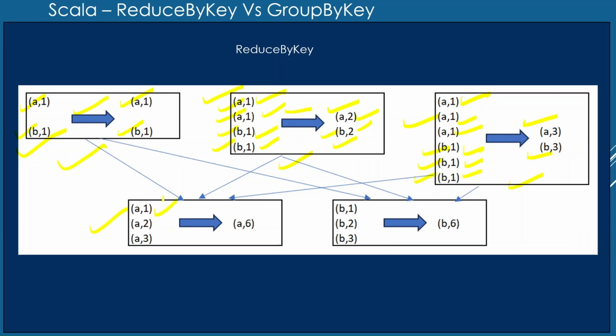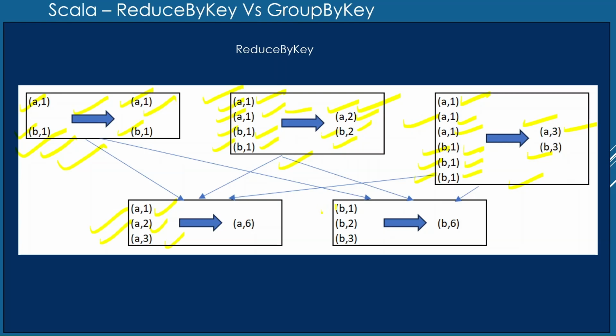This value A1 is coming from this partition, A2 is coming from the result of the reduction function which happened in this partition, and A3 is the result of the reduction operation which happened in this partition. So all the values associated with key A are now shuffled into this executor, or this partition.